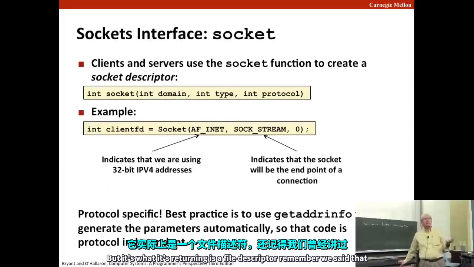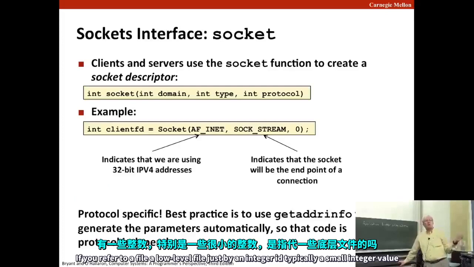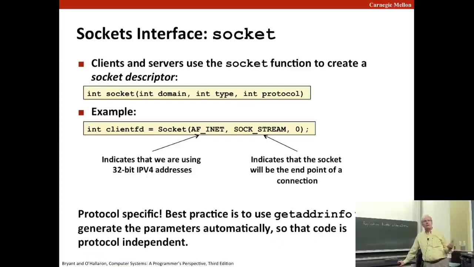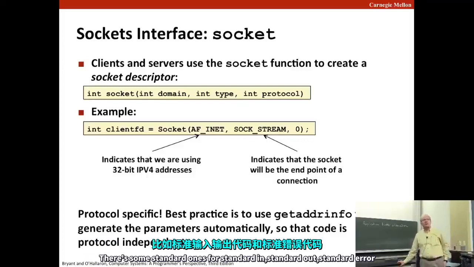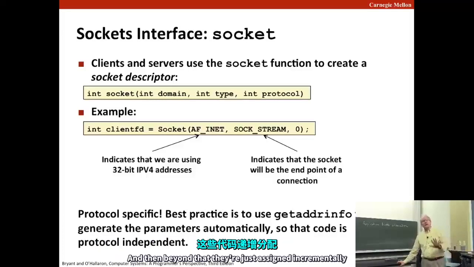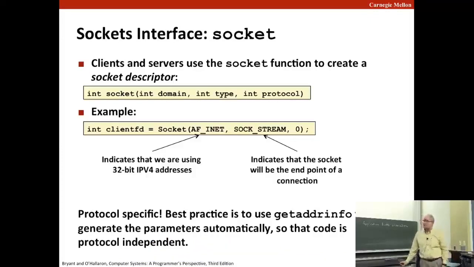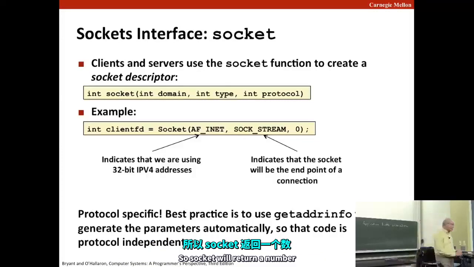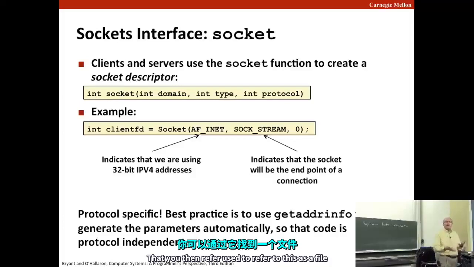Remember, we said that you refer to a low-level file just by an integer ID, typically a small integer value. There are standard ones for standard in, standard out, standard error, and beyond that, they're just assigned incrementally. So socket will return a number that you then use to refer to this as a file.